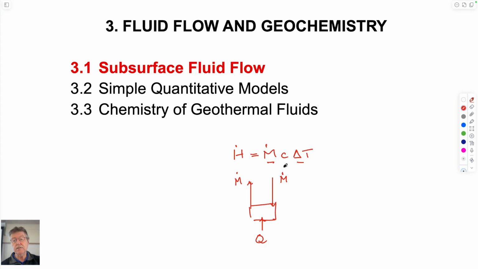This one's pretty well constrained. It's the specific heat of whatever the fluid is. If it's water or CO2, they're around about the same order of magnitude, but these 2 other ones can differ. If we can't get water across it, we don't have a reservoir because we don't have enough mass of heated water coming out. And if it doesn't reside long enough, then it can't pick up temperature.